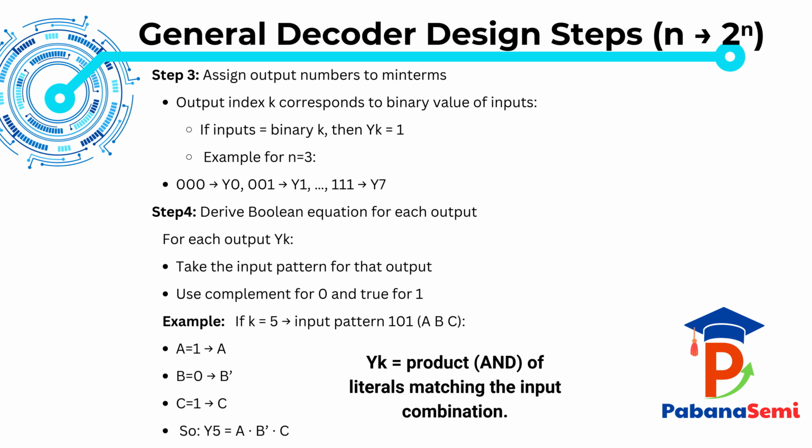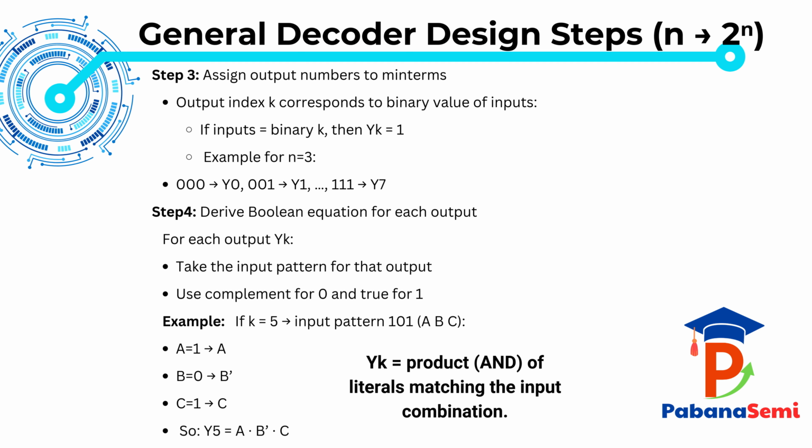Now step 4 is derive the Boolean equation for each output. For every output yk, we take the input pattern that activates it. Then we apply a simple rule. If a bit is 0, we use the complement of that input. If a bit is 1, we use the true form of that input. Let's take the example shown here.